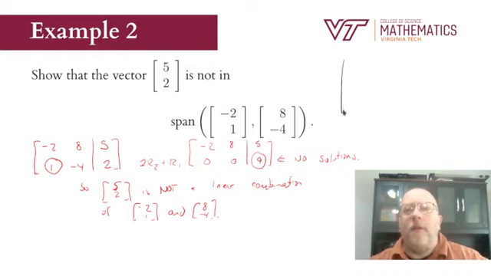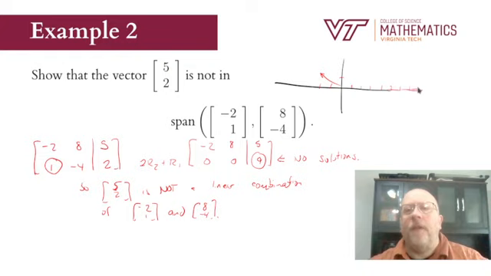Geometrically, what's going on here is, if I look at these 2 vectors, and I'll try to draw this carefully here, -2, 1 is this vector here, and positive 8, negative 4 turns out to be an exact multiple of this vector.